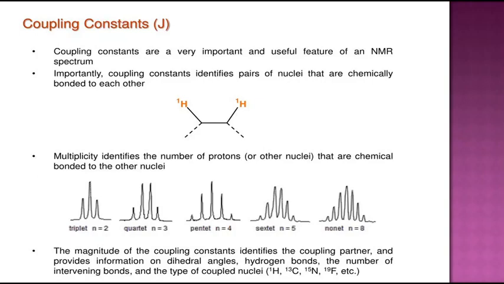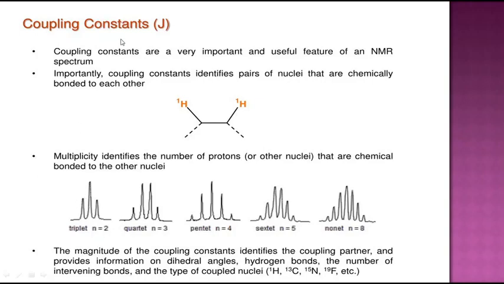In some cases, if you are not able to derive the structure, especially to distinguish between stereoisomers, cis and trans, you can use the coupling constant to derive the structure. Then what is called the coupling constant? The distance between two peaks in a multiplet is called the coupling constant. In a multiplet, the distance between these two signals and between these two is always the same.